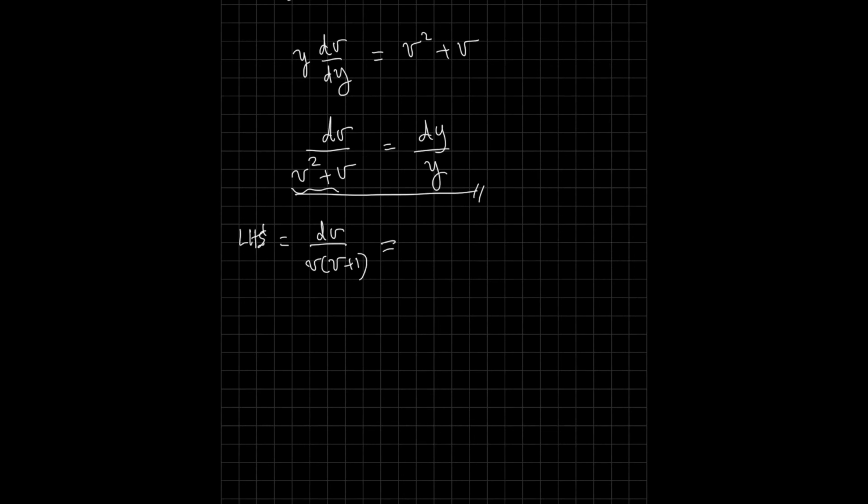If you look at the denominator, it's quite easy. You do a subtraction, 1 over v minus 1 over v plus 1. You don't have to go through all the partial fraction expansion, but if you want to, that's fine; for me this works every time.